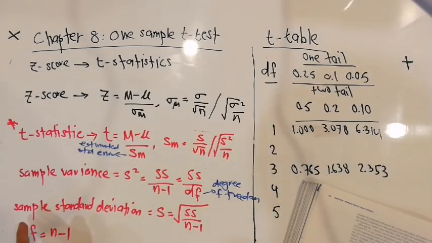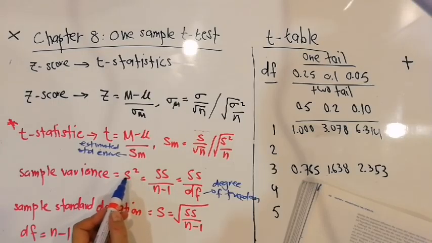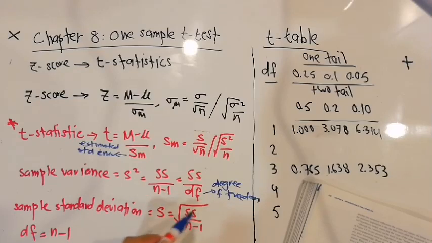To find the sample standard deviation, s, you just take the square root of SS divided by df.